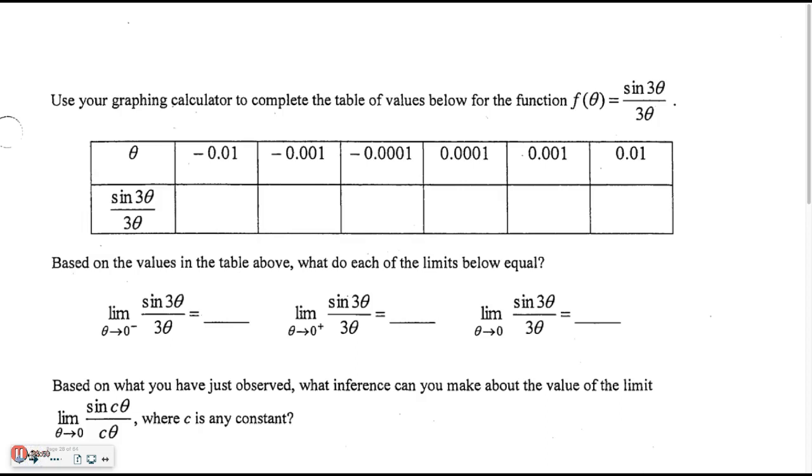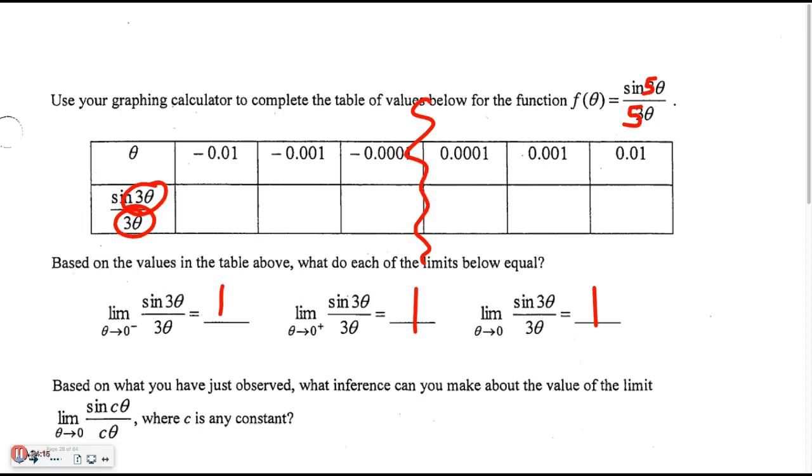And I'm going to tell you this one, if we were to do it, has the same results. We end up creeping up on 1 from both directions. Harrison could try it on his calculator. He's going to get a bunch of 9s, 0.99999 from both sides. So 1, 1, 1. What do you think it would be if it had been sine of 5 theta over 5 theta?